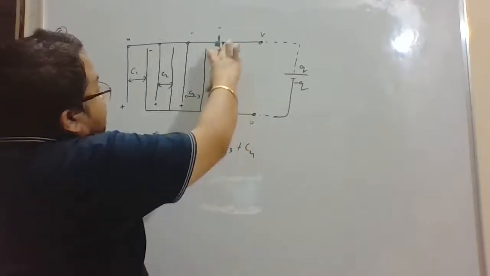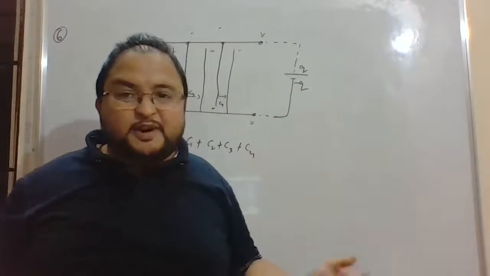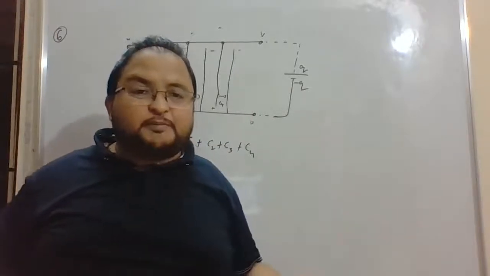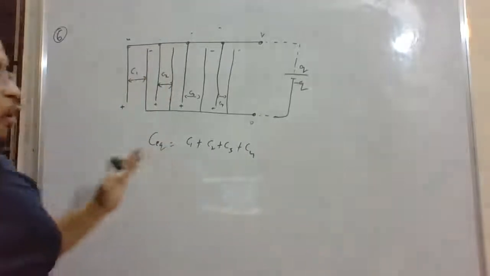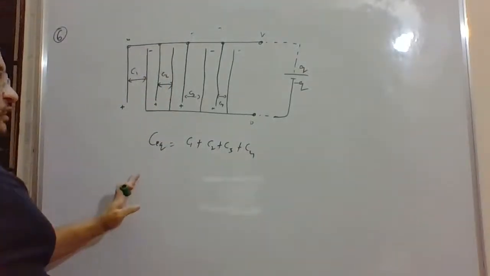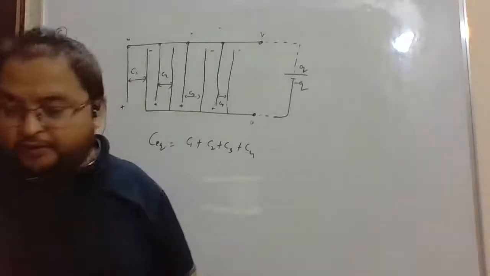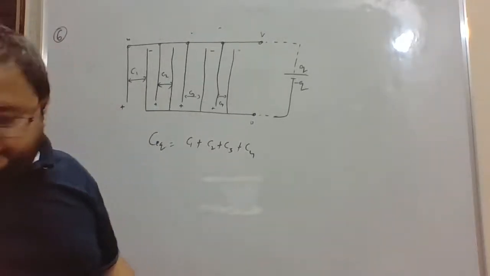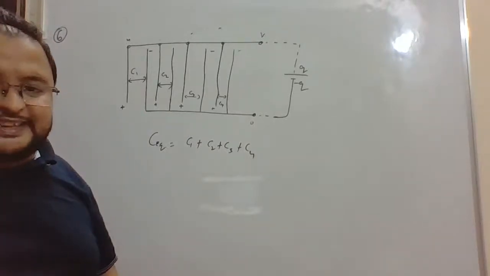So the potential difference across all the capacitors is the same. If the potential differences are the same, then these capacitors are in parallel, and the equivalent capacitance would be C1 plus C2 plus C3 plus C4. That is how we can solve it pretty easily.